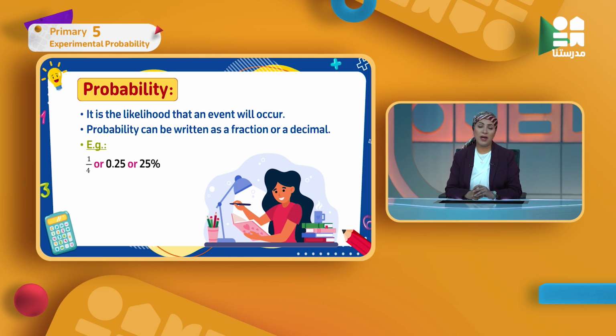For example, 1/4, it is the probability that an event happens. Okay?